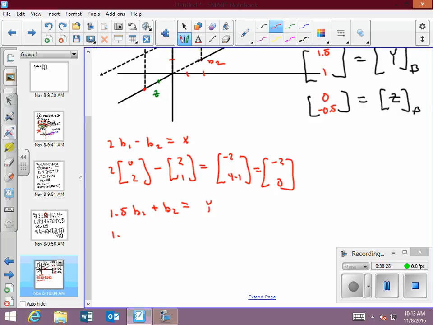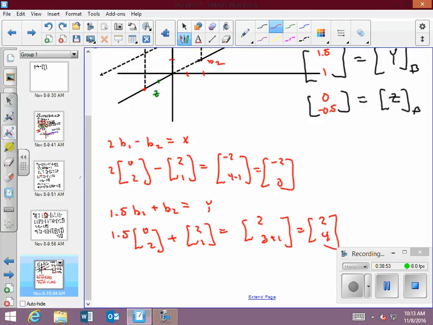So if I take 1.5 times 0, 2 plus 2, 1, it gives me a 2 and 1.5, so this is going to be 3 plus 1, 2, 4, and my y was 2, 4. So this is x, this is y.